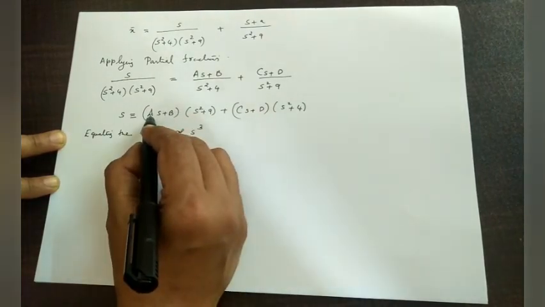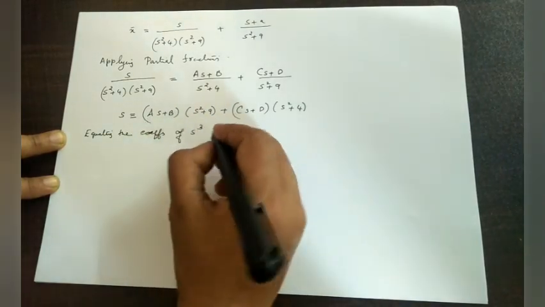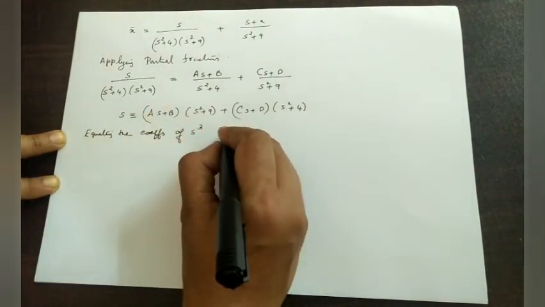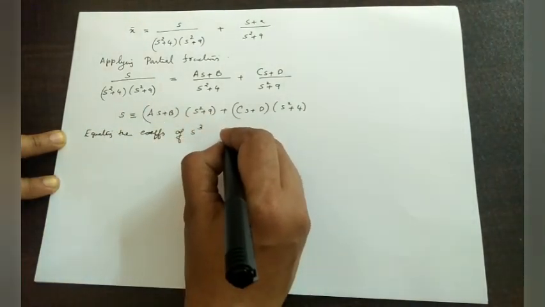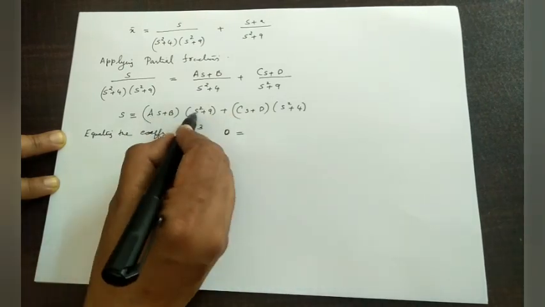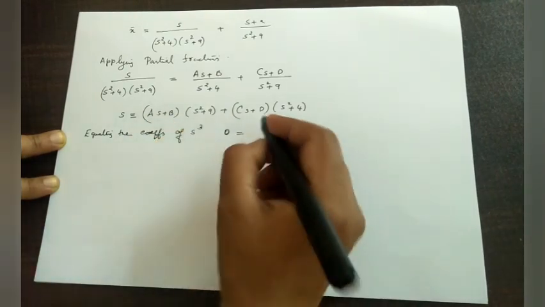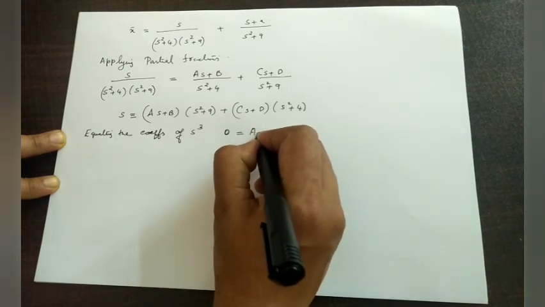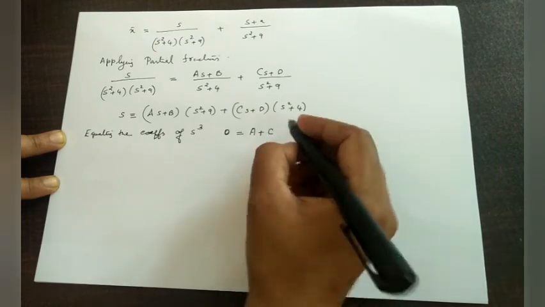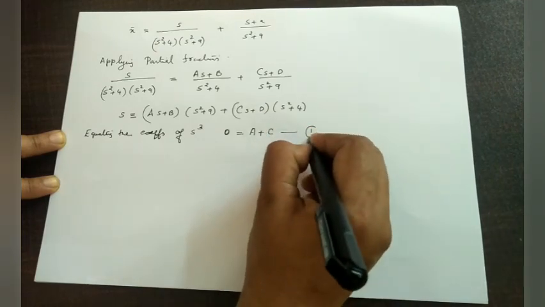Here there is no term containing s cube, therefore the left hand side becomes equal to 0. On the right hand side we have a into s cube, plus c into s cube. So a plus c equal to 0 is the first equation.